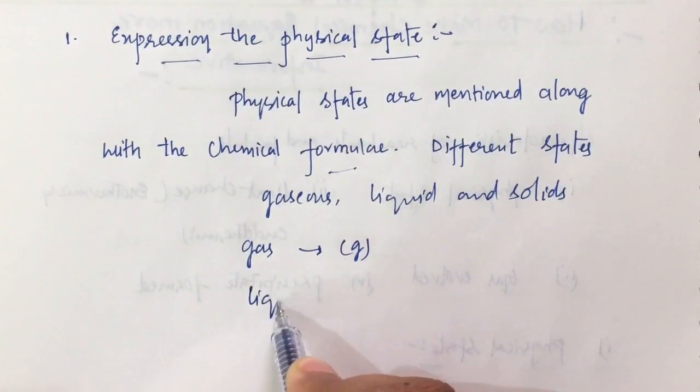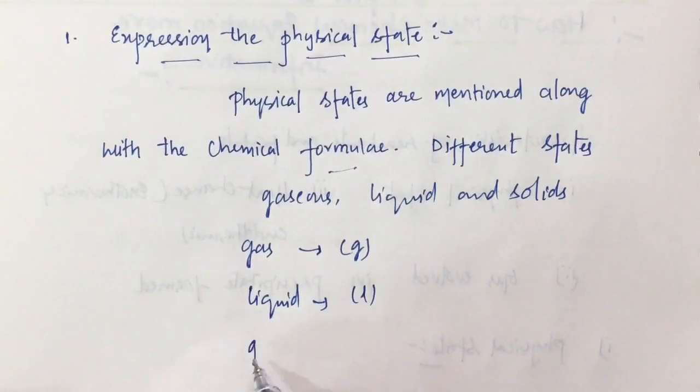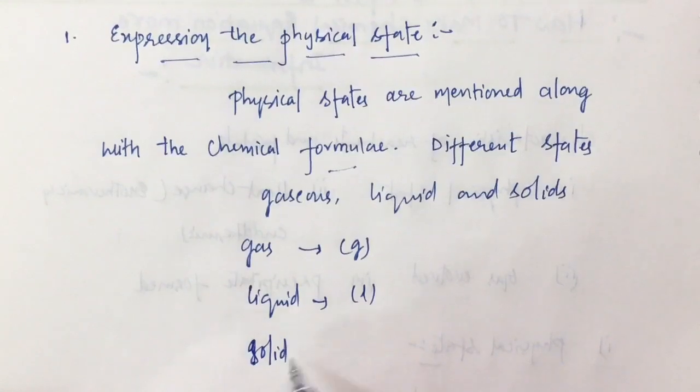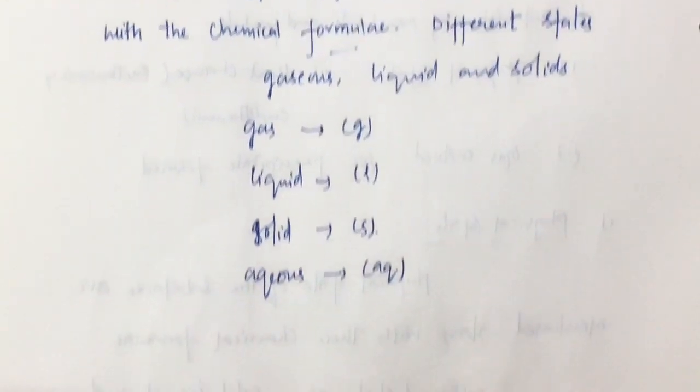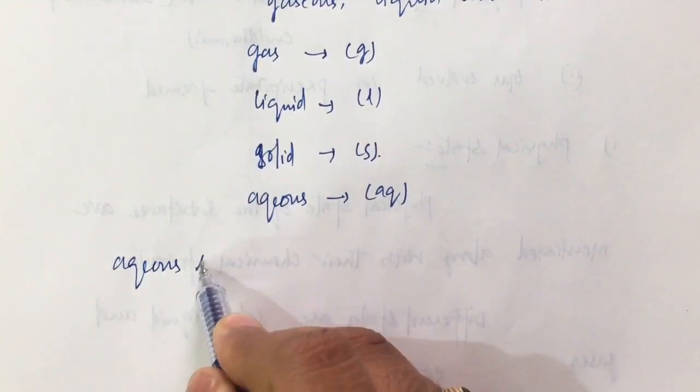If it is a liquid, represented by notation L. If it is a solid, it is represented by notation S respectively. If a substance is aqueous, it is represented as AQ. So what is an aqueous substance?